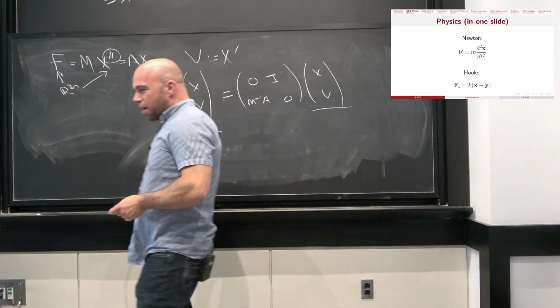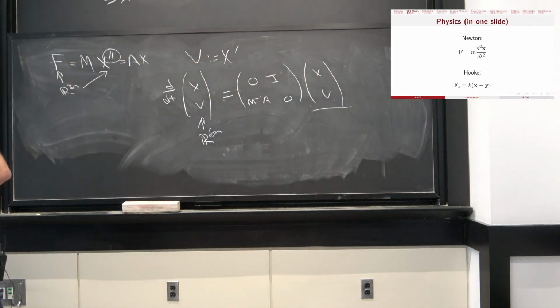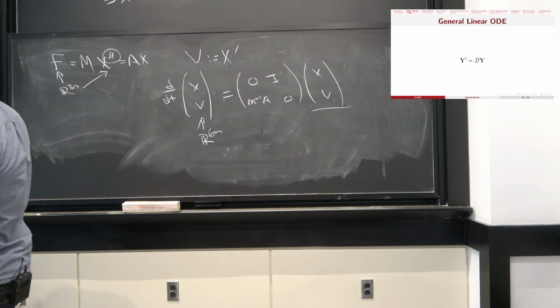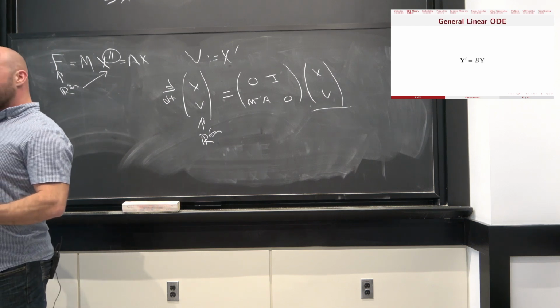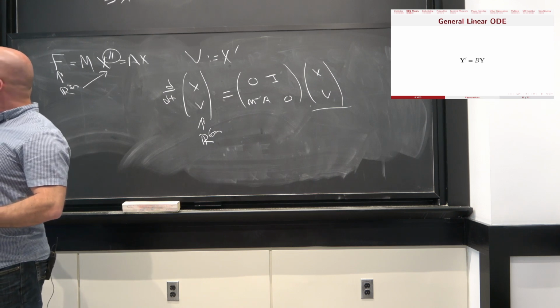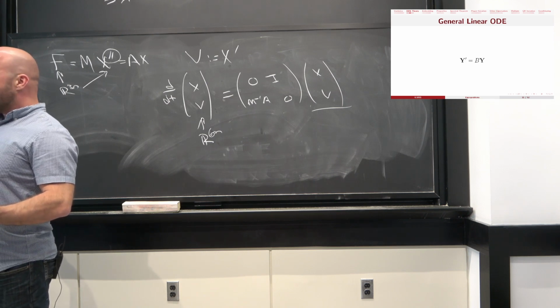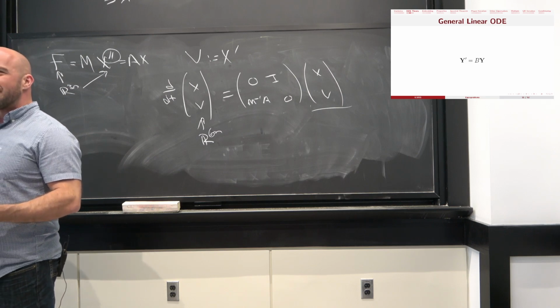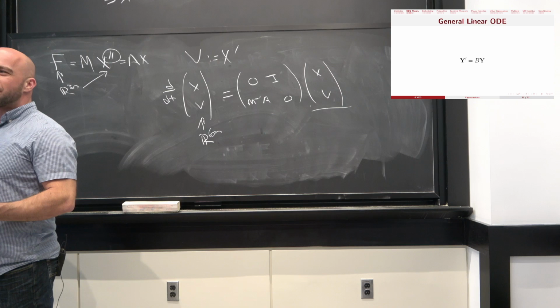More generically, we often want to solve problems that look like the following: you have some unknown vector y, which is a function of time, and y prime is equal to B y, where B is some matrix. This is a very common ODE to encounter in nature.